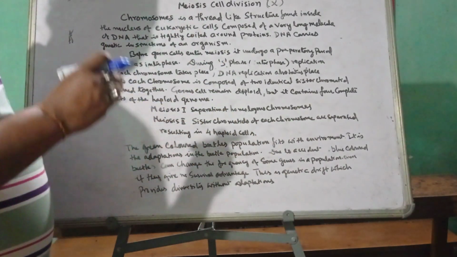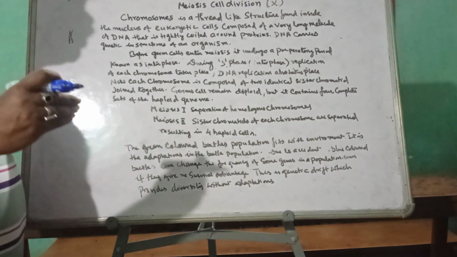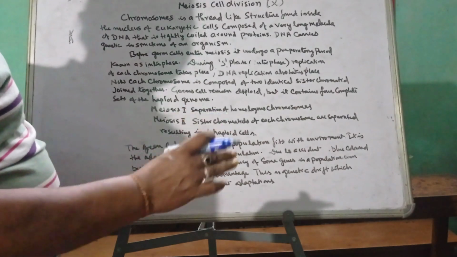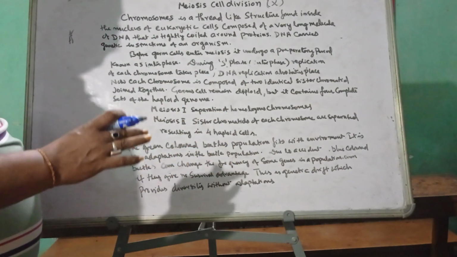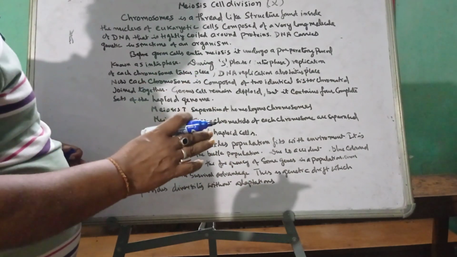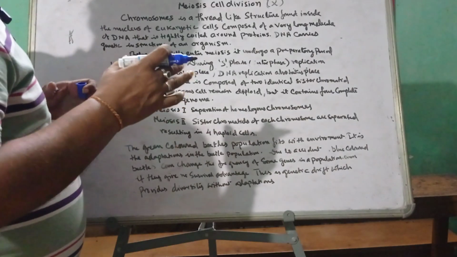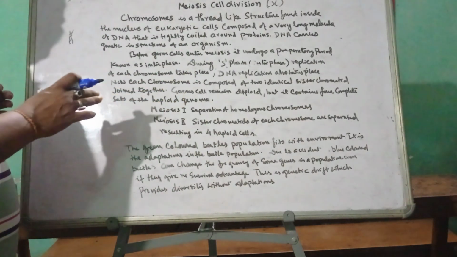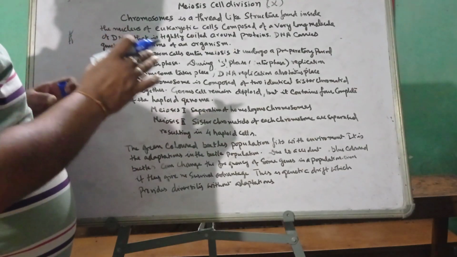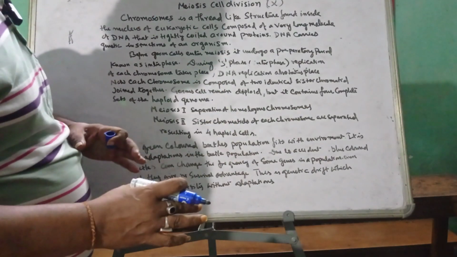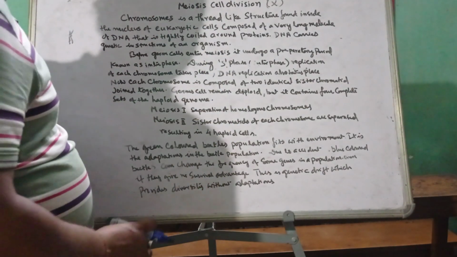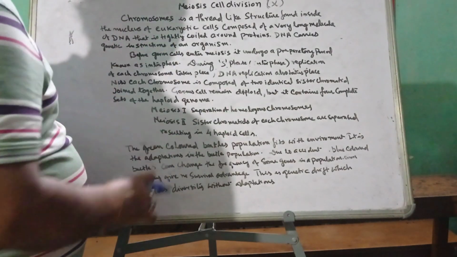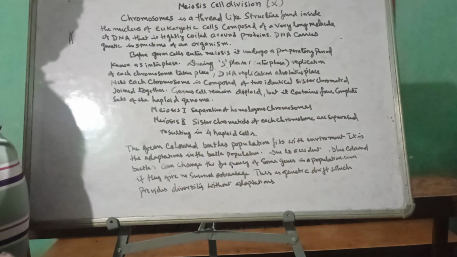You can't stop the variations. Because of these variations and natural selection, evolution has taken place. This is how evolution has taken place. Now here in your book it has been explained.